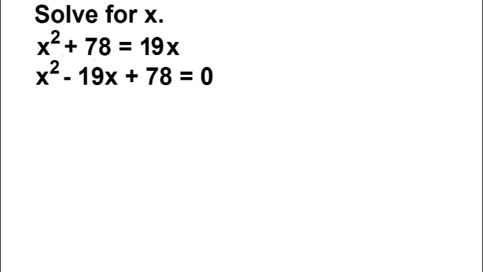The expression on the left side of the equation is a trinomial with leading coefficient equals 1. To factor, think of two numbers that will give you a product of 78 and the sum of negative 19.